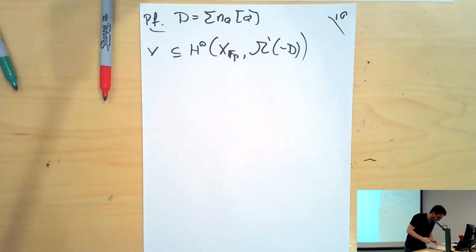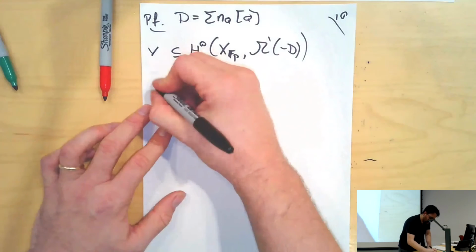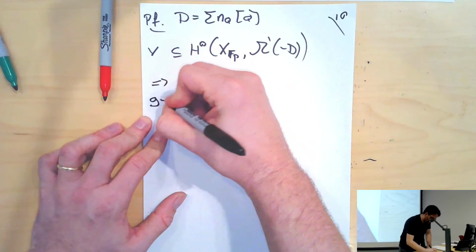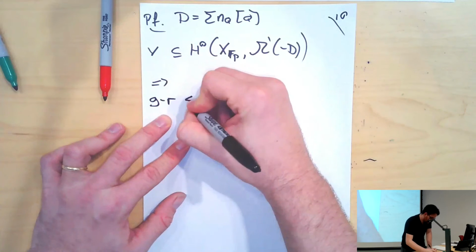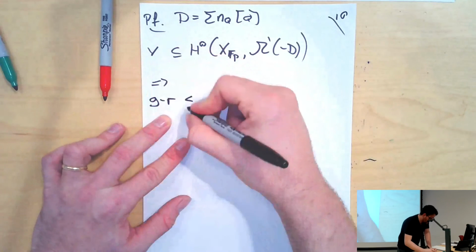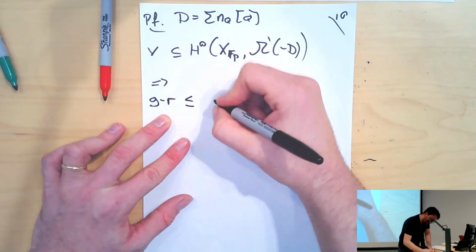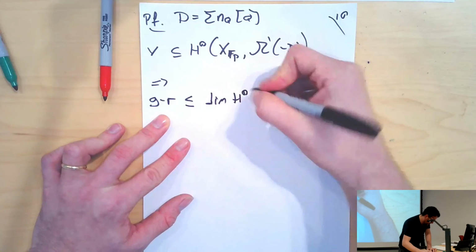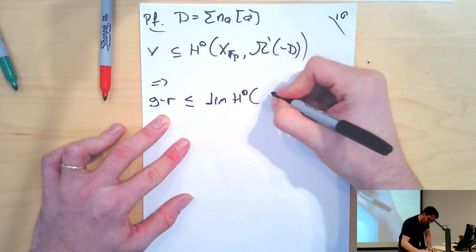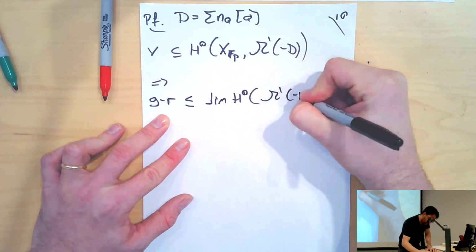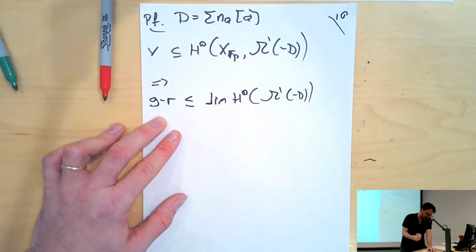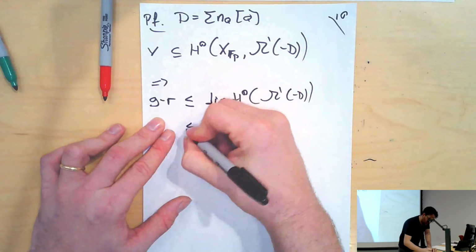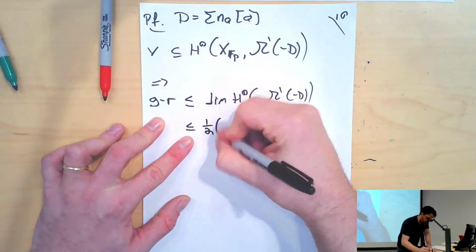On the other hand, this tells us that g minus r, the dimension of V, is at most the dimension of H⁰ of ω twisted by minus D. Clifford's theorem tells us this is at most one half of the degree.